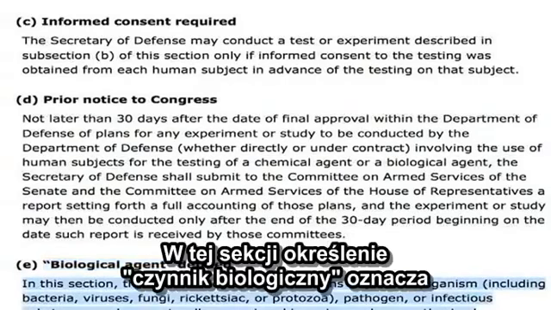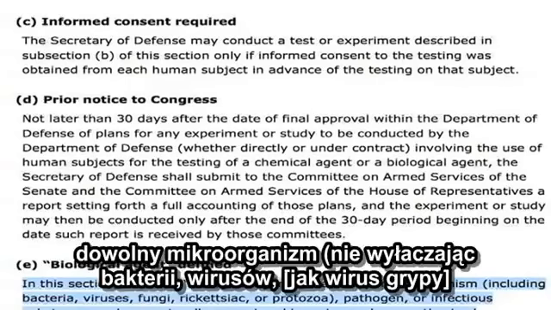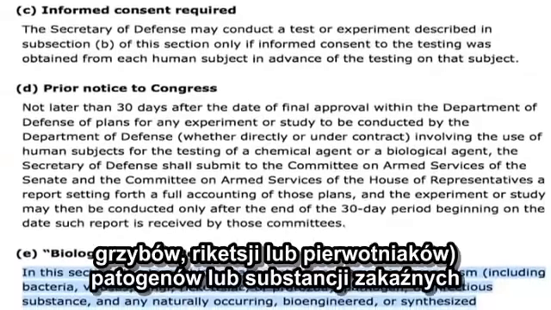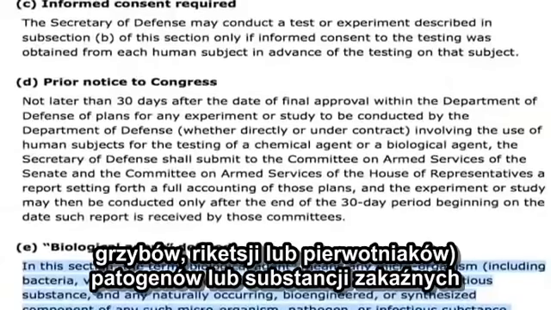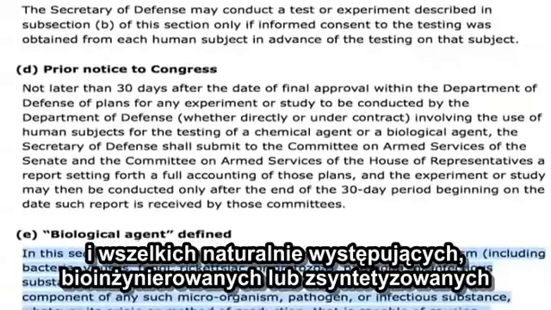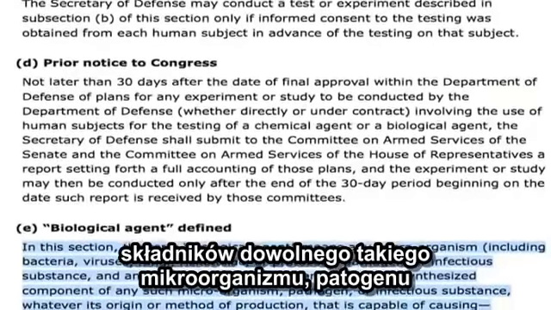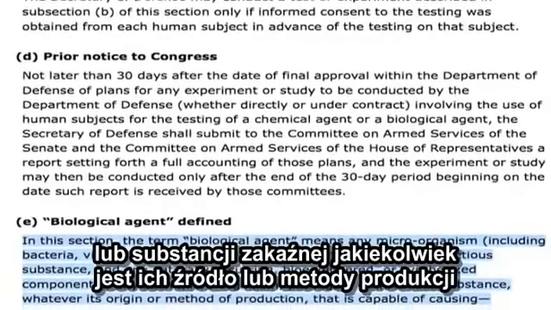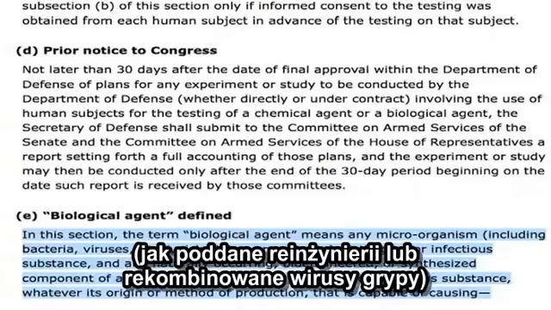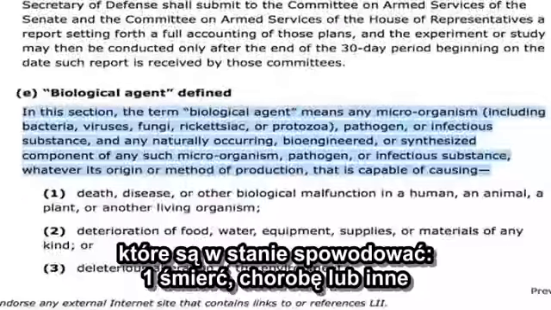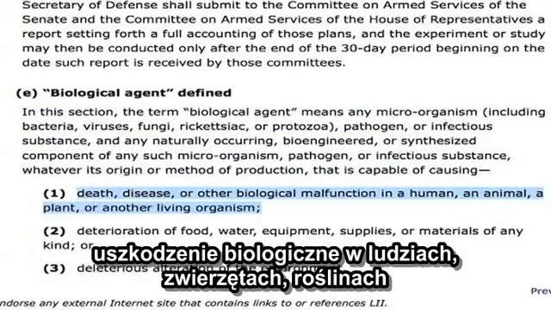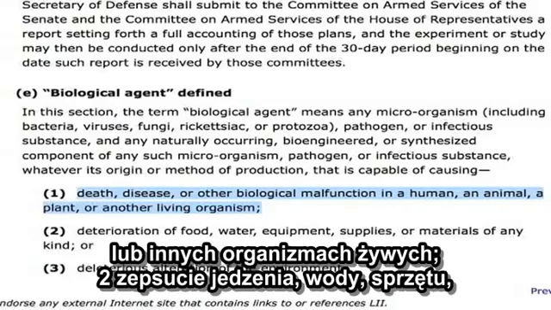In this section, the term biological agent means any microorganism, including bacteria, viruses like the flu virus, fungi, rickettsia, or protozoa, pathogen or infectious substance, and any naturally occurring, bioengineered or synthesized component of any such microorganism, pathogen or infectious substance, whatever its origin or method of production, like the re-engineered, recombined flu virus, that is capable of causing death, disease, or other biological malfunction in a human, an animal, a plant, or another living organism.